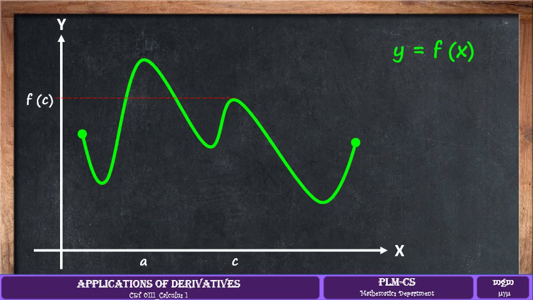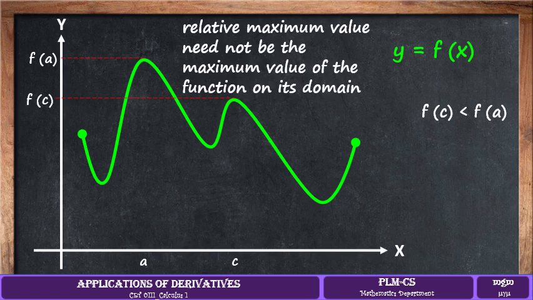Now, going back to the big picture of the graph of y equals f of x with a relative maximum value f of c. Notice that there is another maximum value f of a in which f of c is less than f of a. In other words, a relative maximum value of a function need not be the maximum value of the function on its domain.